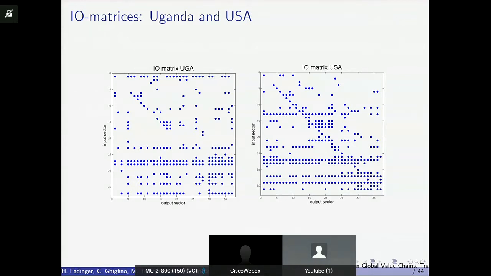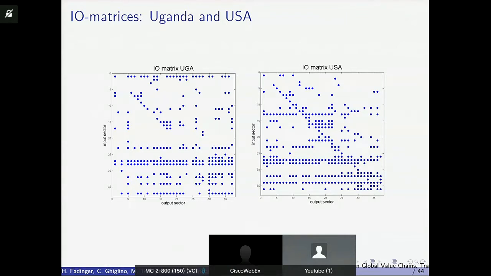So if you see a full row, then basically it means that this row sector is supplying to all the other columns in the economy. So it's basically going to be a sector that is used by all the other sectors as an input.